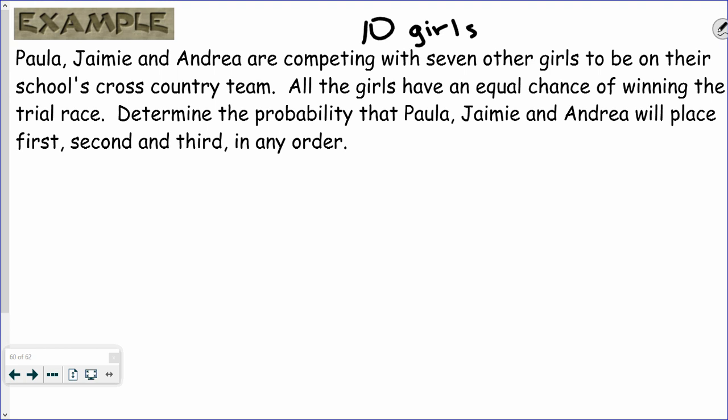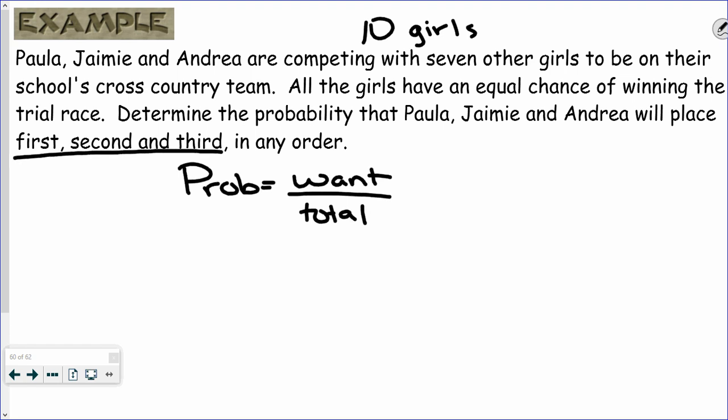Well, first, second, third in any order. This question could be read as both a permutation or a combination. Both will actually end up working here. So again, when I'm going to find my probability, it is what I want on the top and what I have for grand total. Now, because it said there's first, second, and third, order is going to matter, so I'm going to use a permutation in this question.